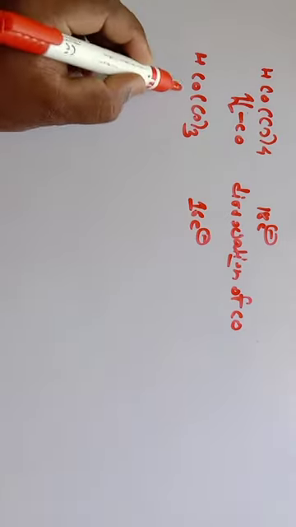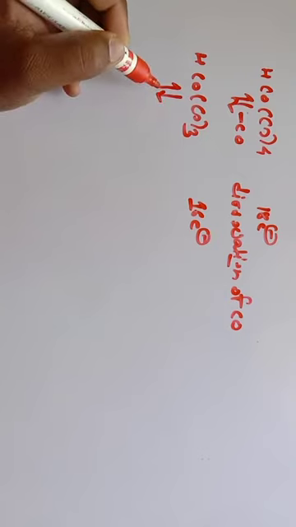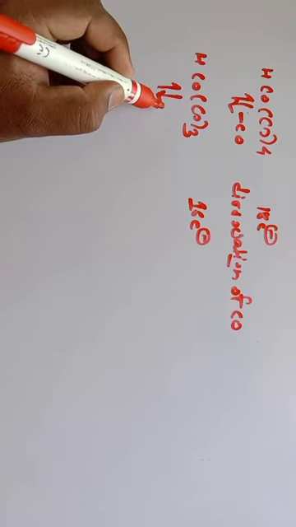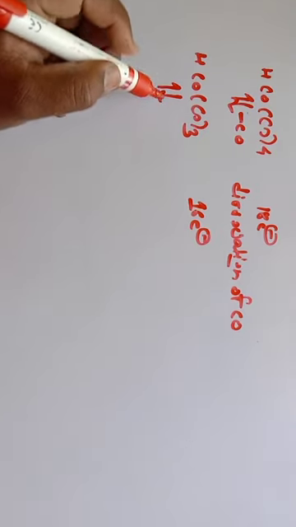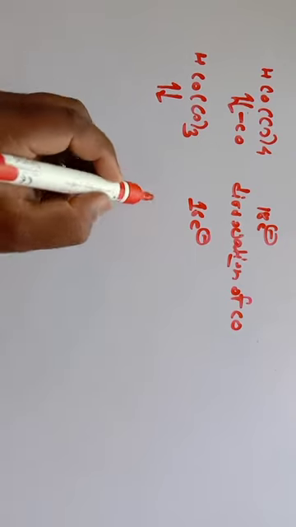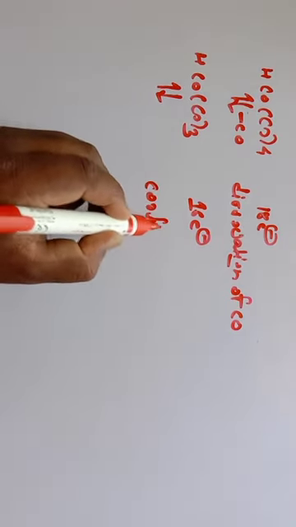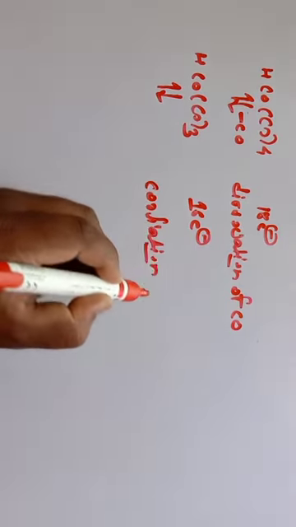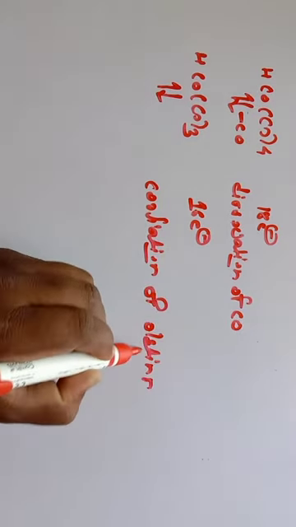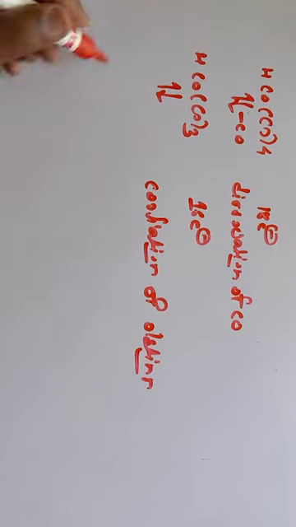And after that, this 16 electron species binds with your alkene, that is coordination of olefins. The second step is the coordination of olefins, and again this 16 electron species is converted into an 18 electron species.